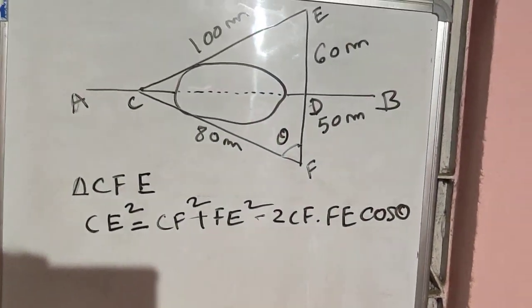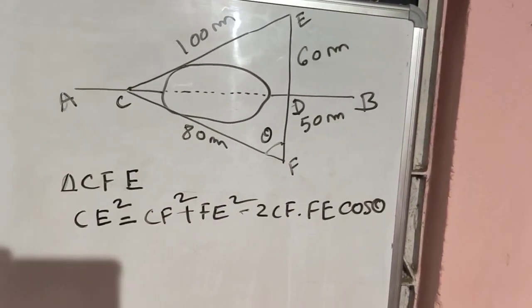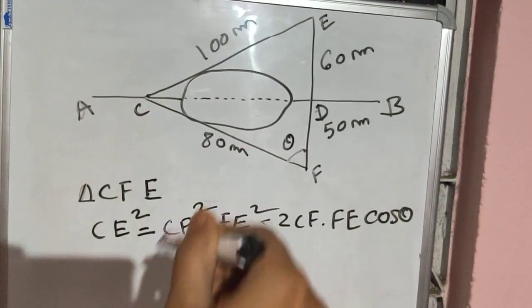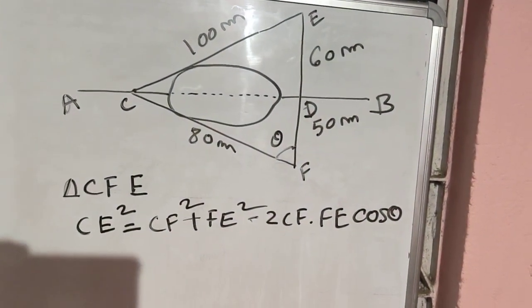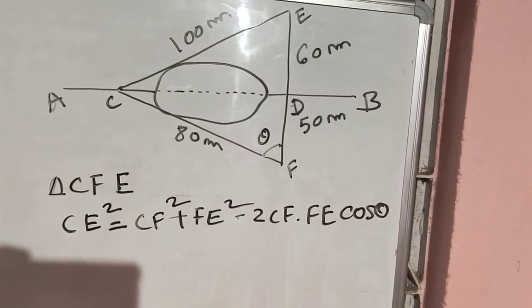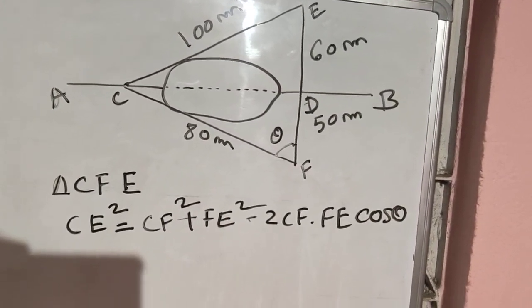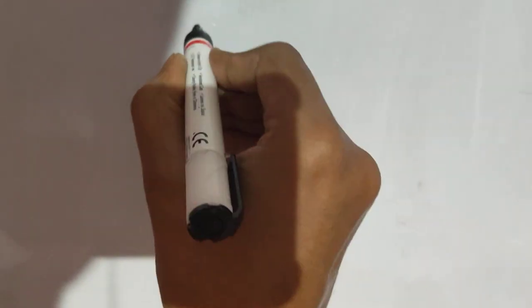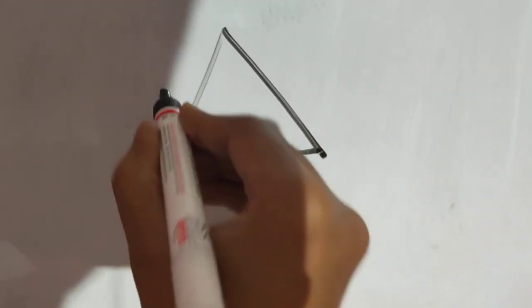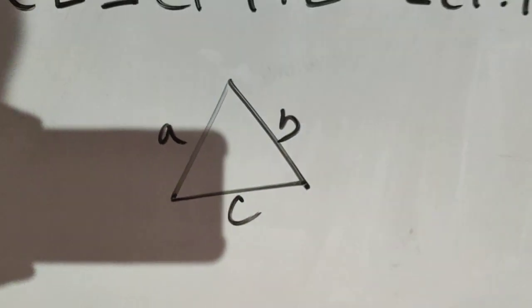Just take a look at the drawing and try to figure out how we have found this. We have applied cosine rule to this triangle: c square is equal to CF square plus FE square minus twice CF into FE into cos theta. Clear? Now if you don't remember this cosine rule, let me clear it for you. Suppose we have a triangle, the sides are a, b and c.